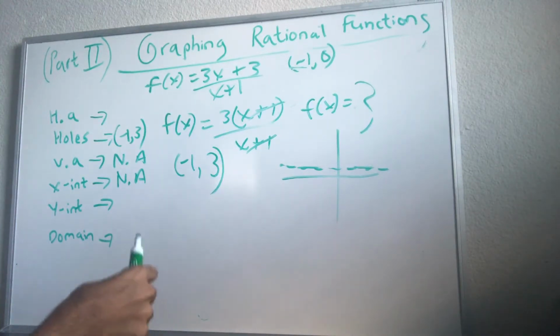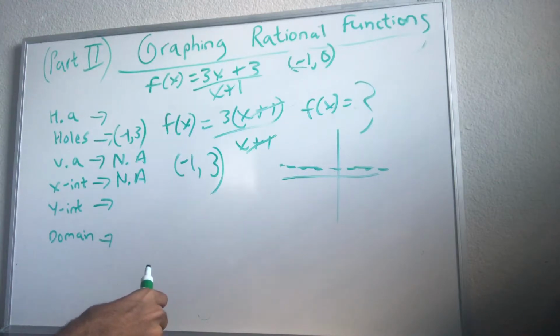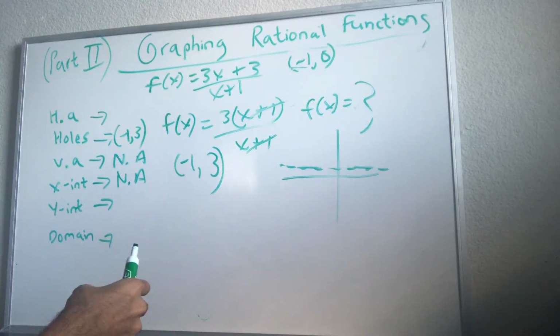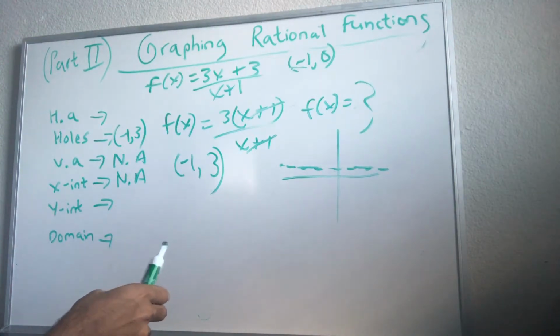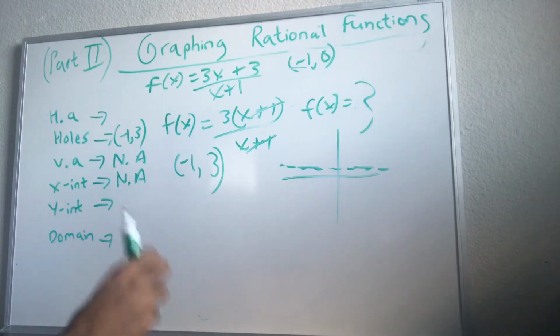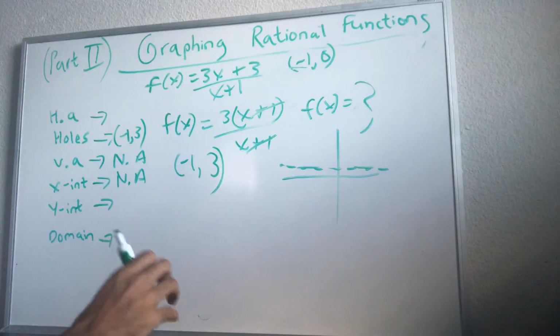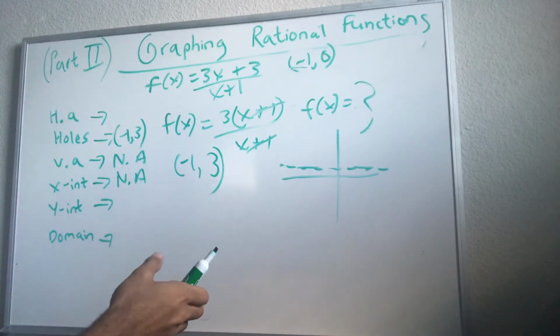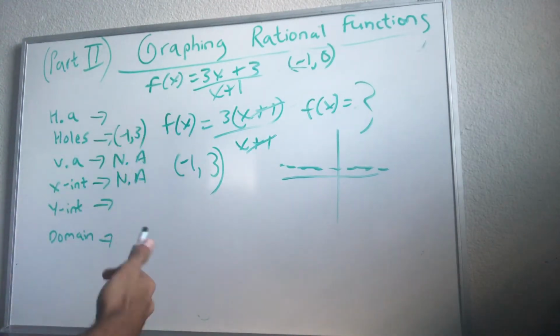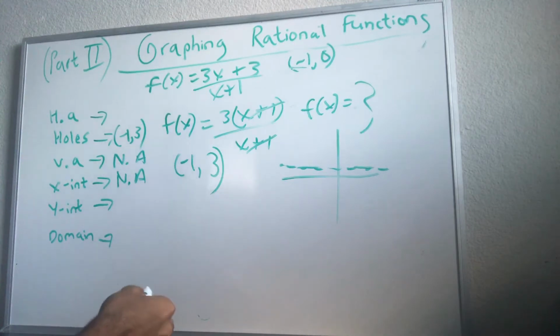If there's a hole at that point, your x-intercept or your horizontal asymptote or any other such will be disregarded. So you always look at your hole first to see if it exists, and if it exists, then this factor will dominate all the other factors. So -1, 3 is your hole, however your x-intercept is non-applicable.